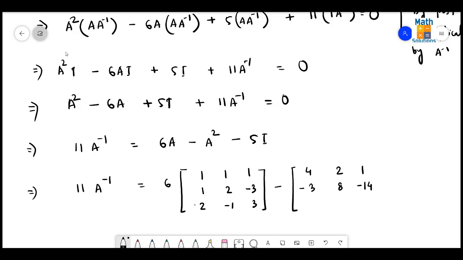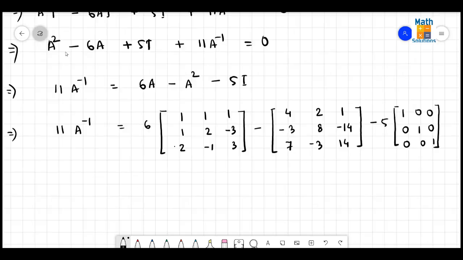Then after 7 minus 3 14. And then after minus 5 times 1 0 0 0 1 0 0 0 1. So let us simplify this part now.